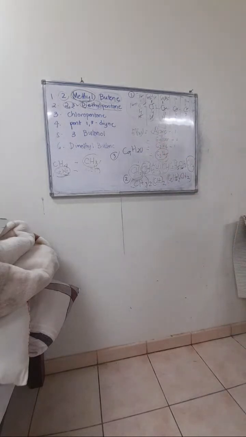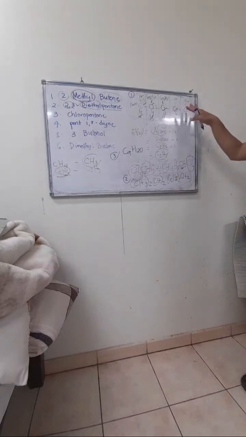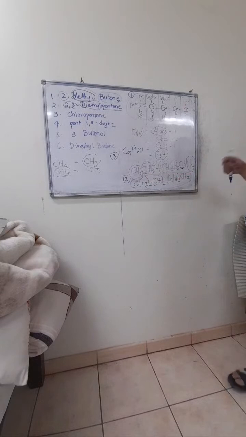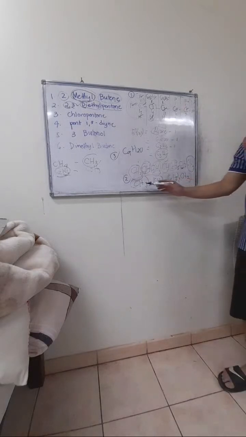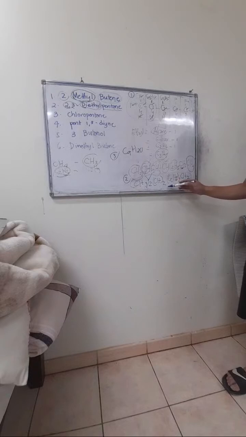It's very easy to count in your condensed structural formula rather than in the full structural formula, because there are many bonds. So count in the condensed structural formula because it's easy. 1, 2, 3. 3 times 2, 6, plus 2, 8. Then the hydrogen: 5 times 2, 10, 18.